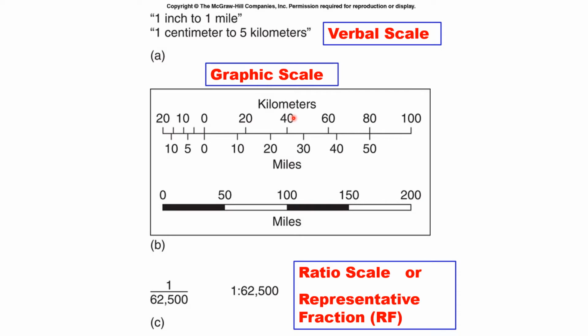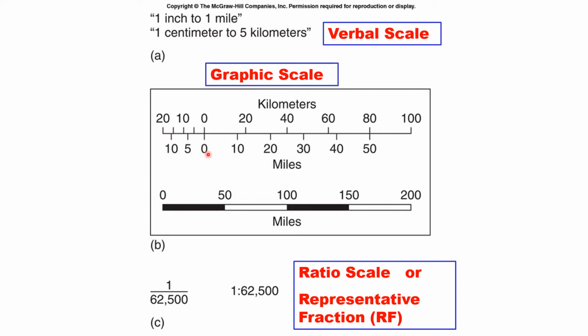The great thing about the graphic scale is that it enlarges and reduces right along with the map. Say you had a map and you wanted to cut it and paste it into some type of paper or report or presentation. Well, when you cut and paste the map, you cut and paste the graphic scale right along with it.